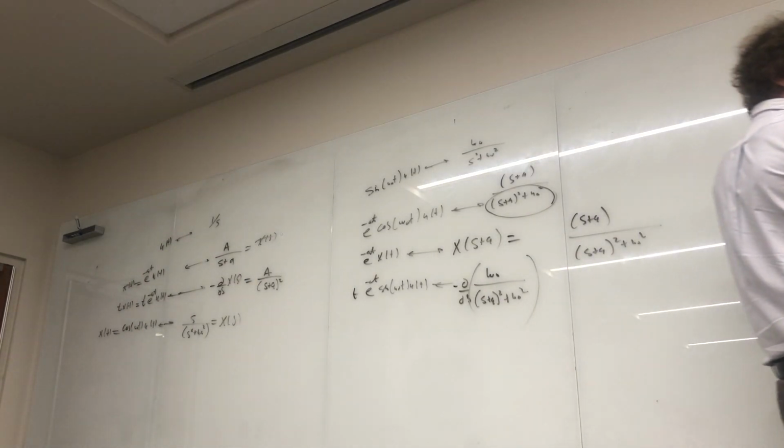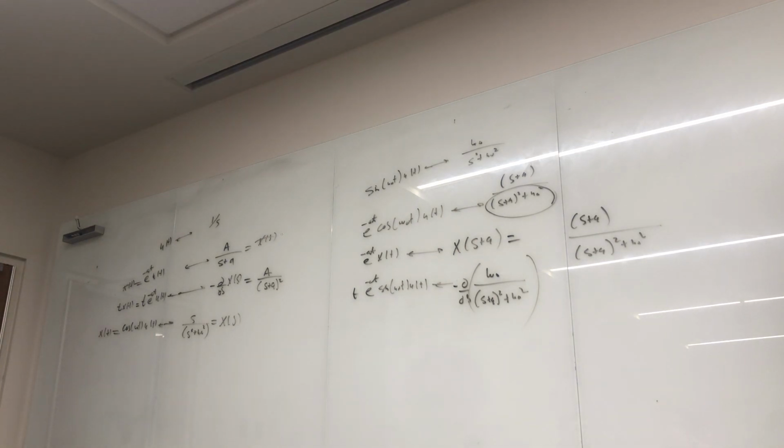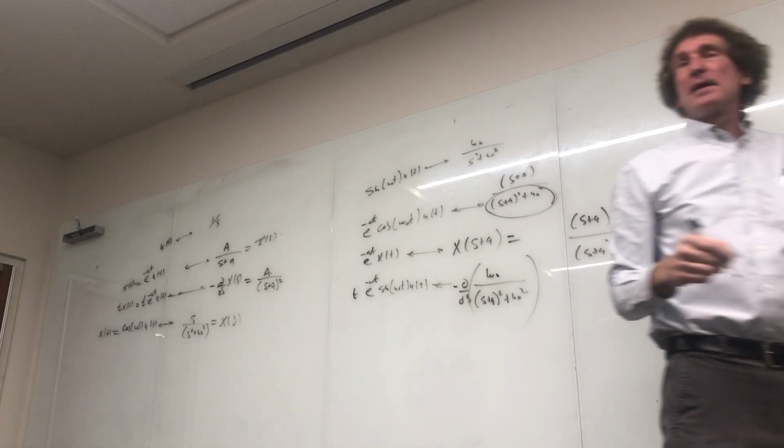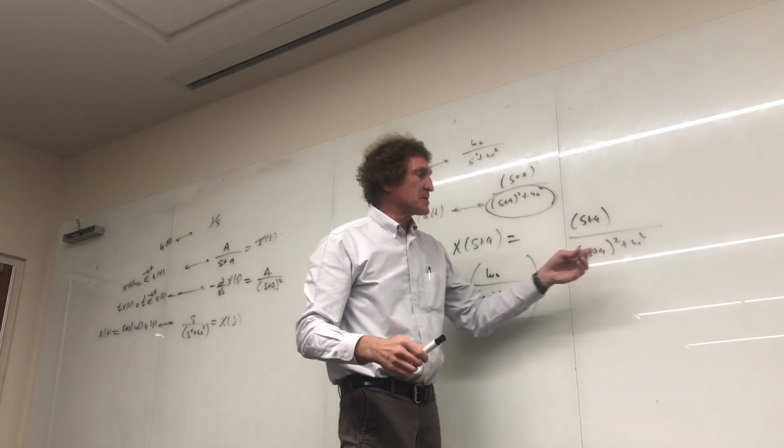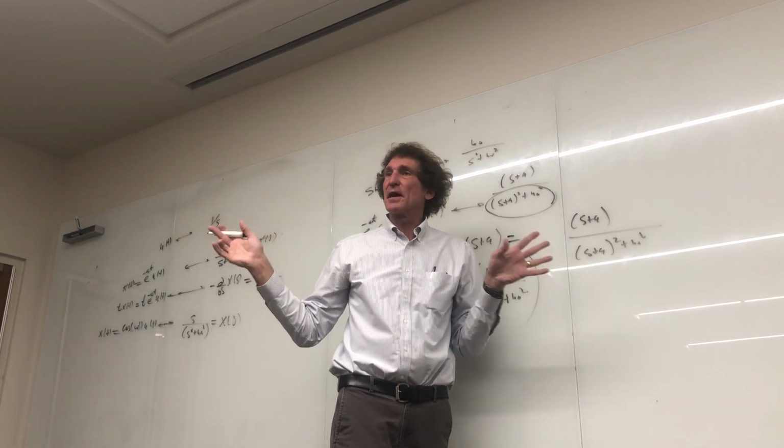If I have something where I have s squared plus, let's say, 4s plus 9, I look at that, and if this is in the denominator, it doesn't have the form of s plus a squared plus omega naught squared. You all see that, it doesn't.